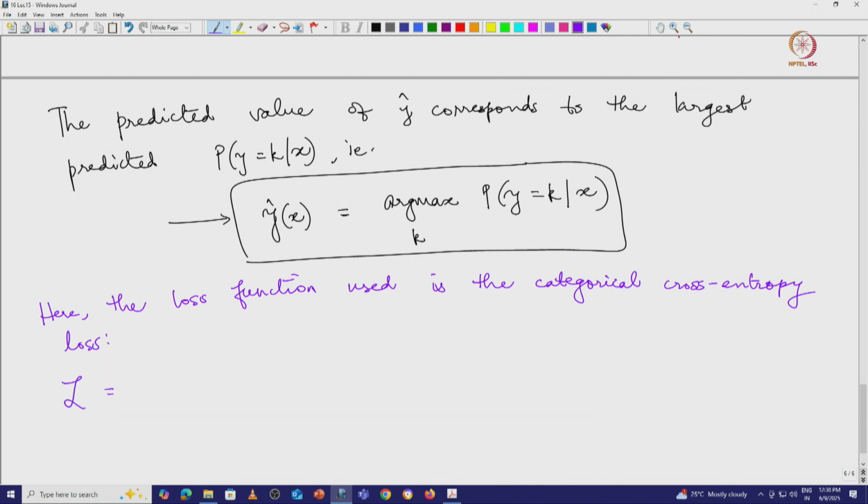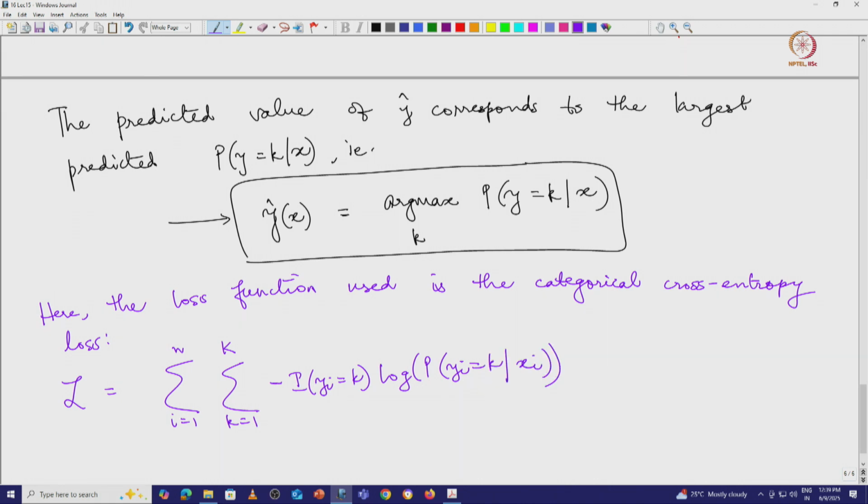The loss function is a sum over all the data points and over all the classes, k equals 1 to capital K, and it is equal to minus I(yi equals k) log P(yi equals k given the xi vector).